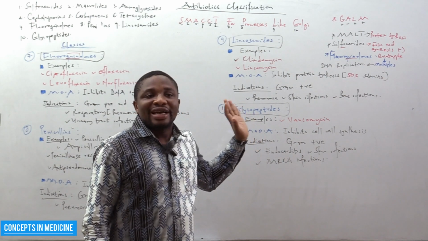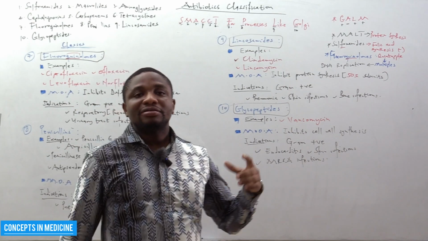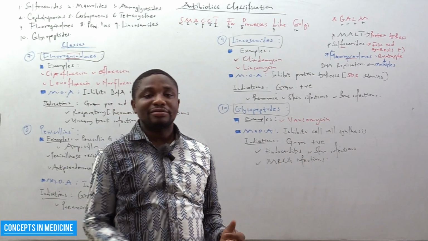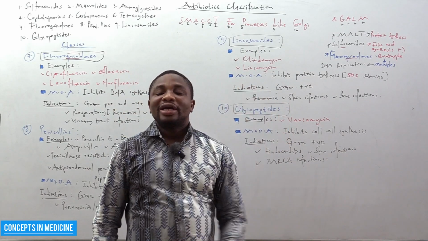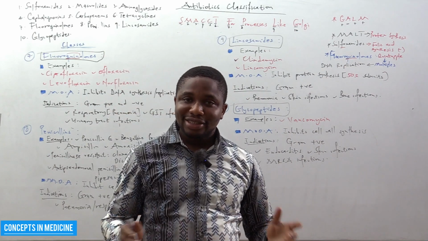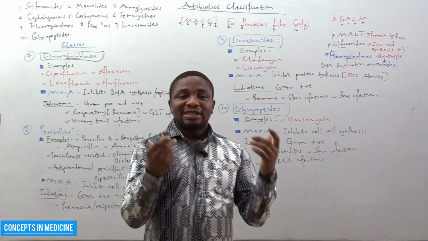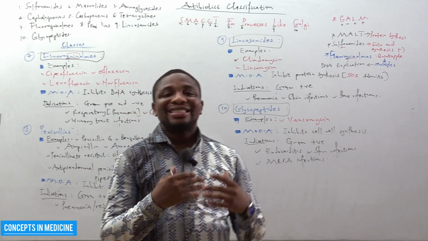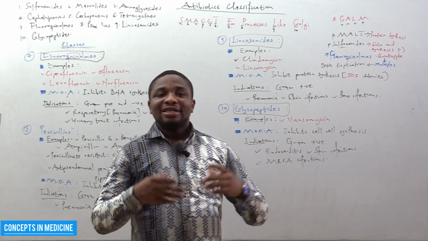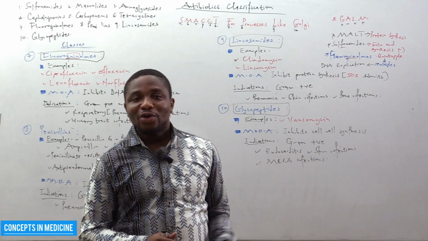Then finally, we have the glycopeptides. The single example, even though there are other examples, but the most common example, as you know, is vancomycin. You should remember that anytime the Staphylococcus aureus has that methicillin resistant activity, the drug of choice to go for is what? Vancomycin.